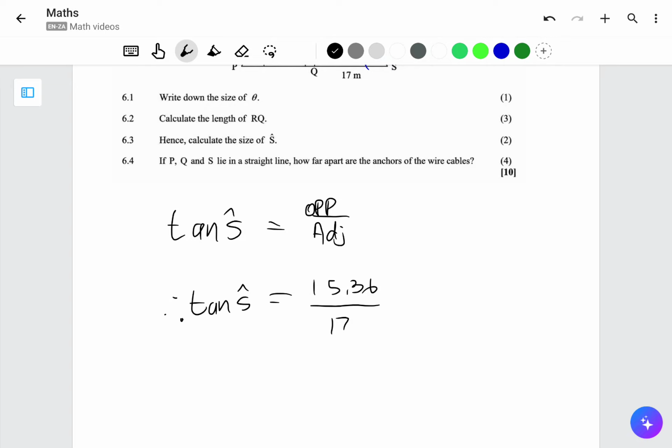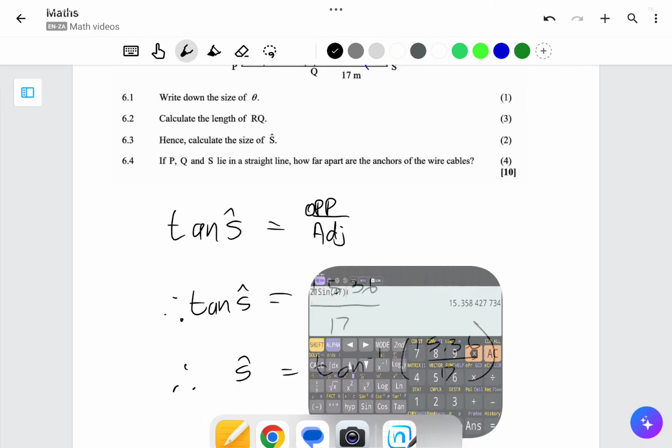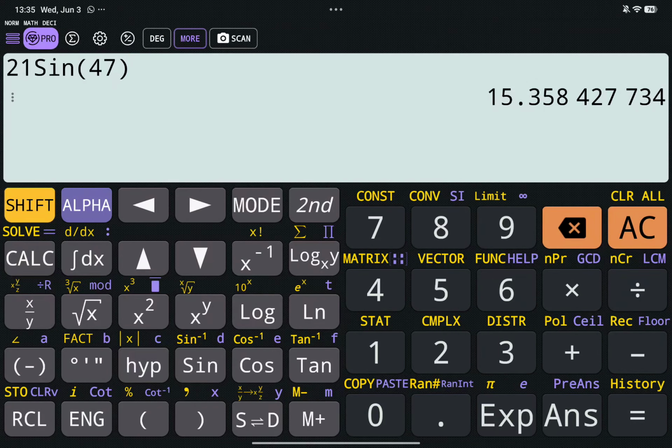Now we again have to do the shift. So angle S equals tan to the minus 1 of 15.36 over 17. You can move over to your calculators.